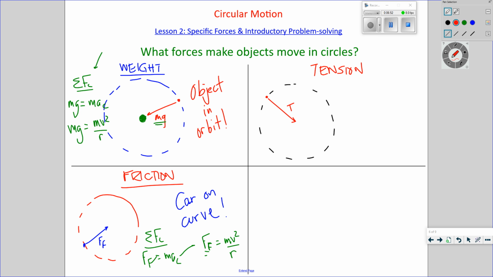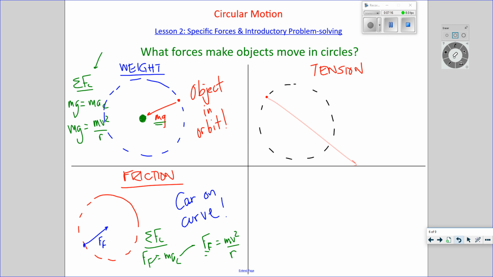Now, I should say this: there's no requirement that when I draw this vector, it has to end at the middle of the circle. As long as our force points towards the center and through it, that's a reasonable representation of a centripetal force. It's not the most common that you'll see.